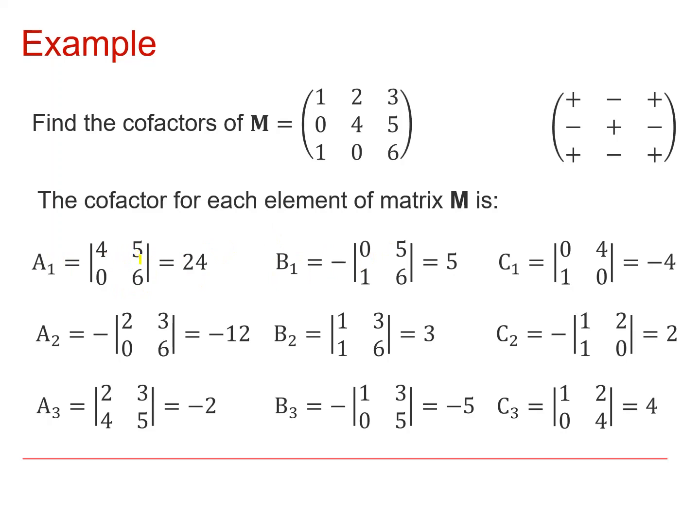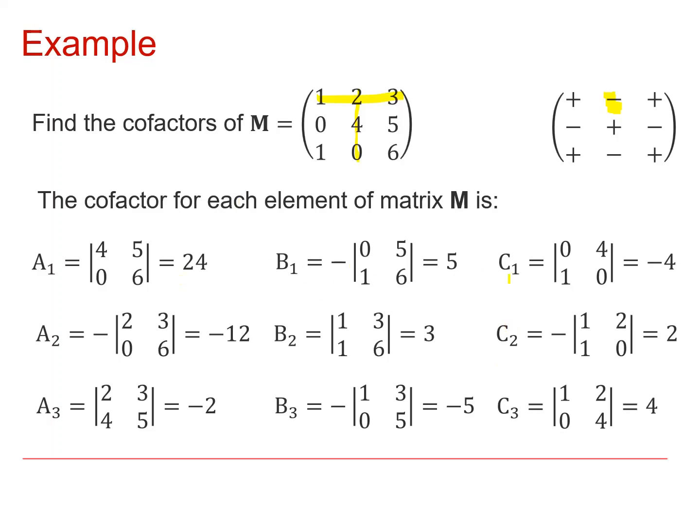So the cofactor for little a1 is the determinant of this matrix, and it's affected by a plus sign. B1 is, if I take those out, you'll see B1 is this determinant, and it's affected by this sign, and so on across all the elements of the matrix.